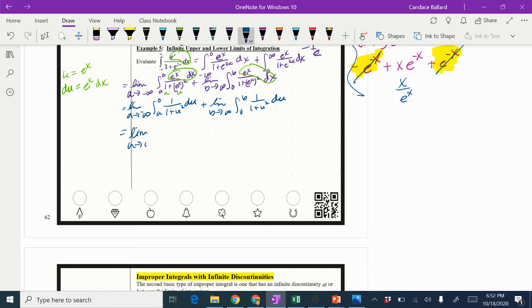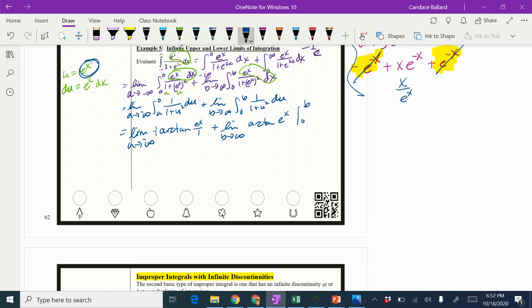So we've got the limit as a approaches negative infinity of arctangent. So it's 1 over 1, which I really don't need. Arctangent of u. Instead of writing u, I'm going to go ahead and substitute that in. So e to the x, plus the limit as b approaches infinity of arctangent of u, which we know is e to the x, from 0 to b.